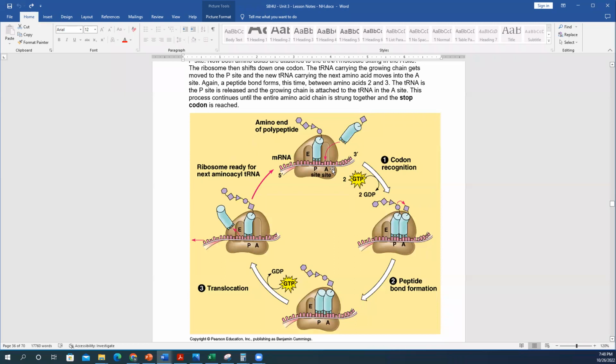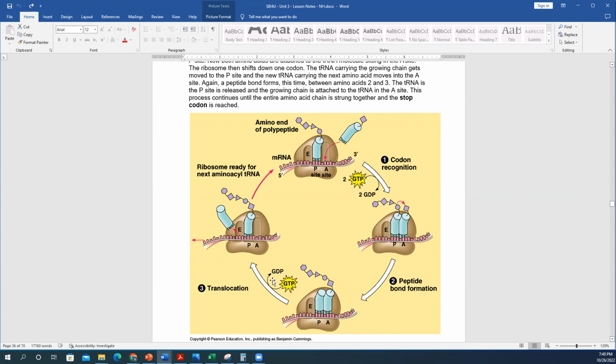And once that codon recognition happens, then through the energy of GTP, 2 GTP molecules, the entire chain of amino acids from the tRNA that was located on the P site gets transferred to the next amino acid through the formation of a peptide bond. And so now the entire chain is bound to this tRNA, which is sitting here on the A site.